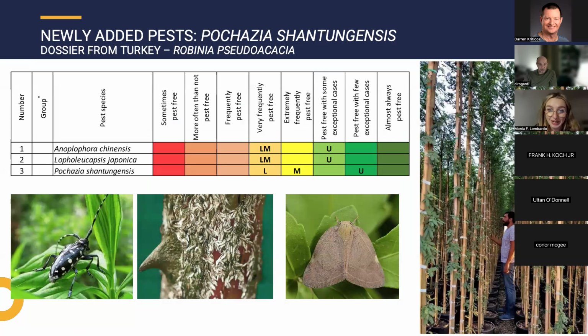A well-known example of those pests that have been screened, even if they are not quarantine pests, because they are non-EU but potentially could be categorized as quarantine pests, is Pochazia shantungensis. This insect originated from China, where it was first described in the 17th century and later spread to South Korea, Japan, Russia, and Turkey.